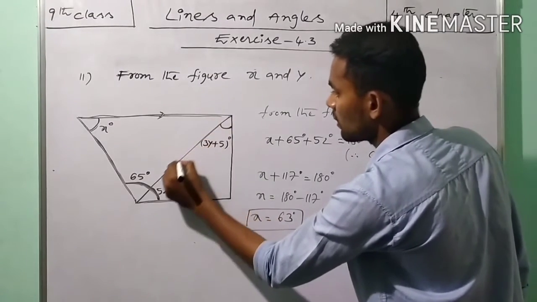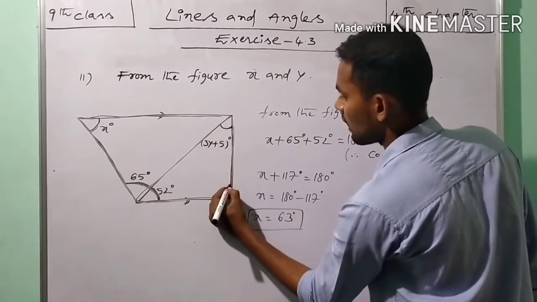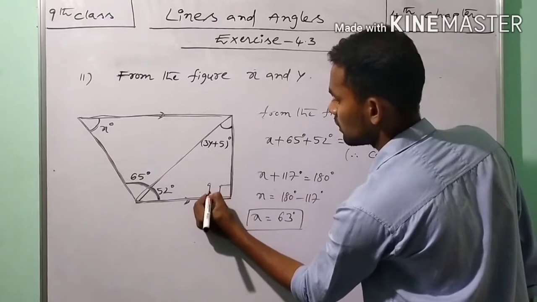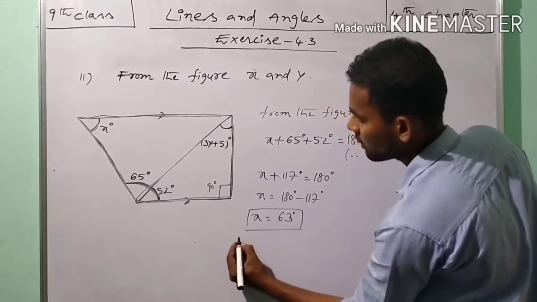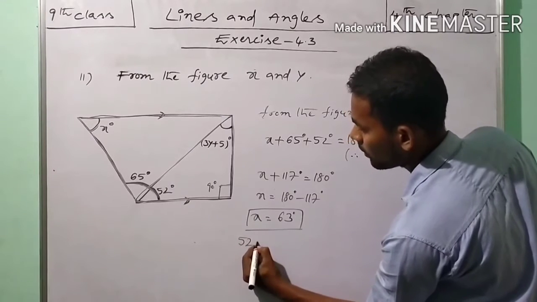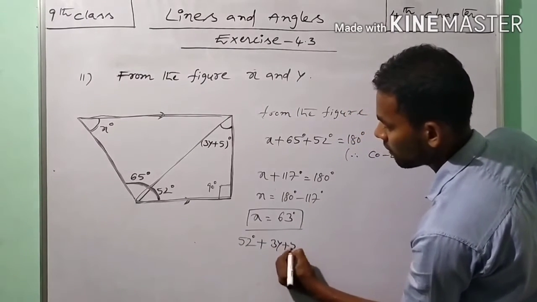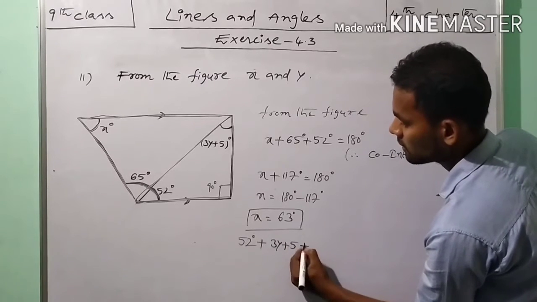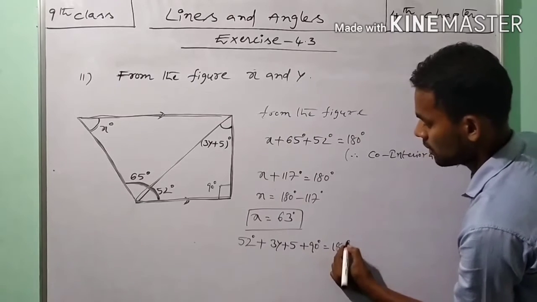Observe this figure. It is a right angle triangle. Sum of three angles: 52 plus 3y plus 5 plus 90 degrees equals 180 degrees.